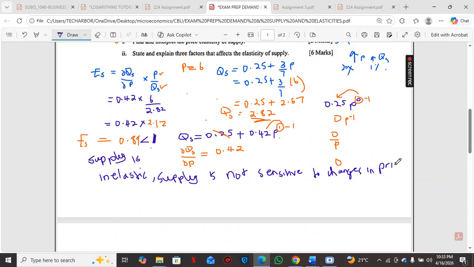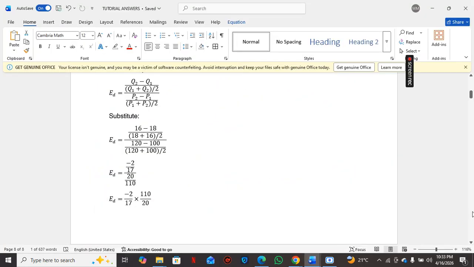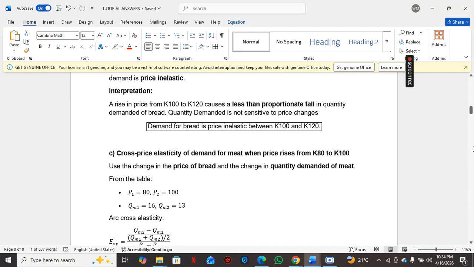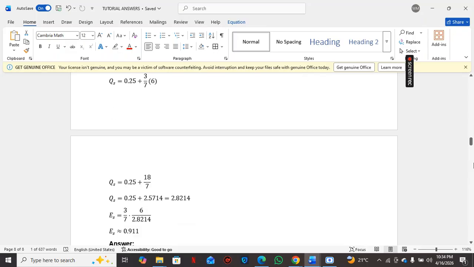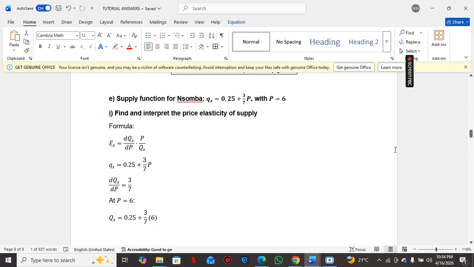Any questions before we go to part 2, which says state and explain three factors that affect elasticity of supply. Any questions or queries?